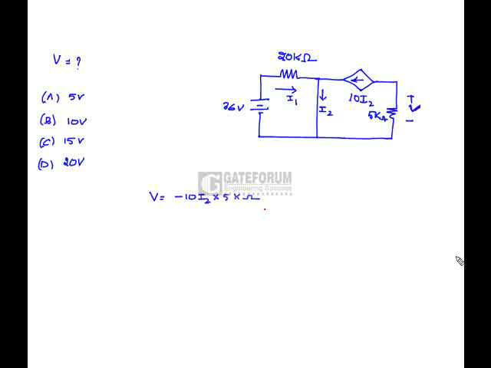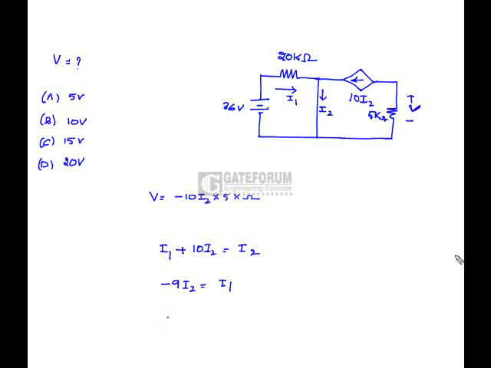So for that we have to find I2, that is I1 plus 10 I2 is equal to I2. So minus 9 I2 is equal to I1.